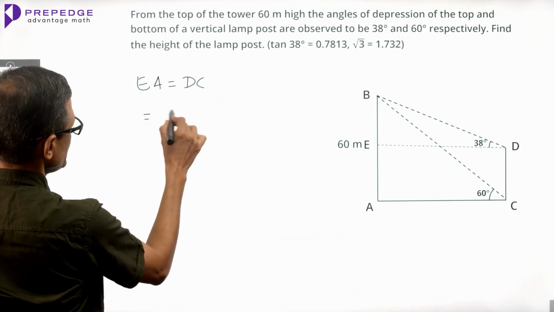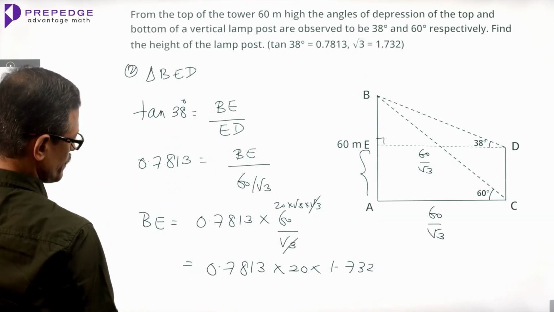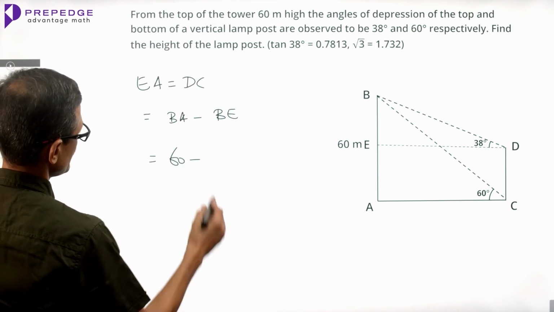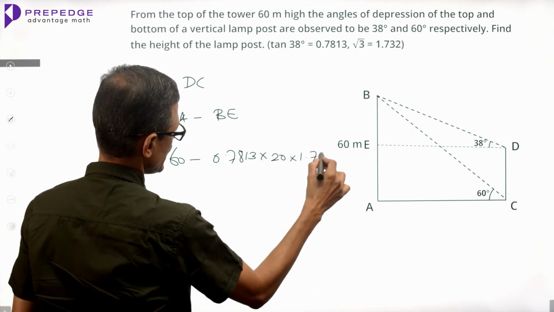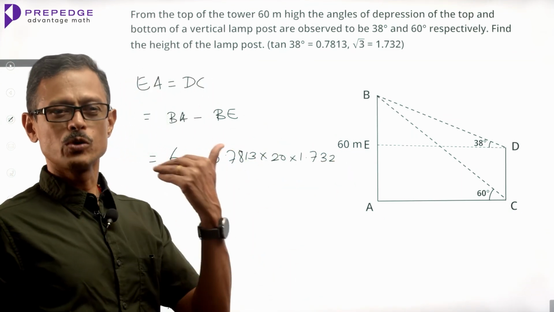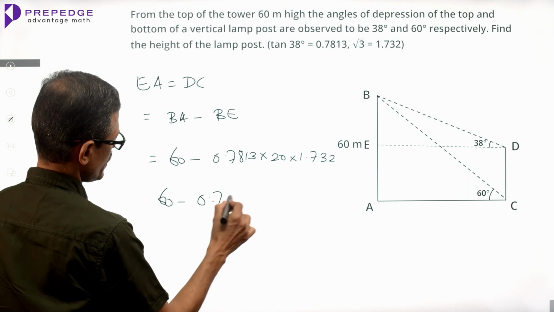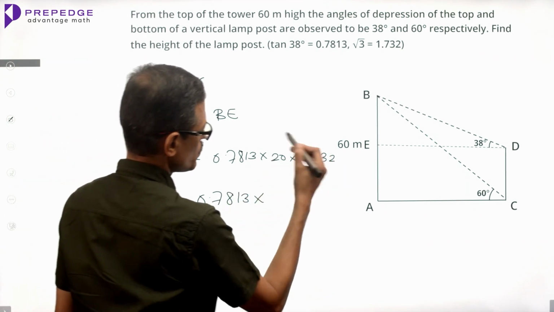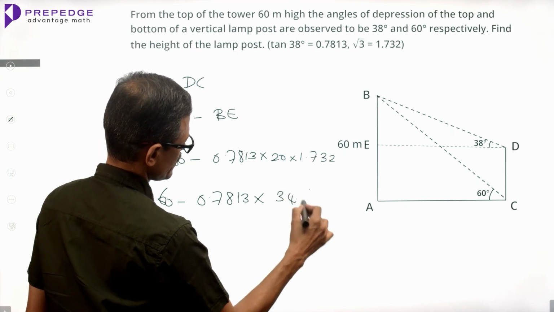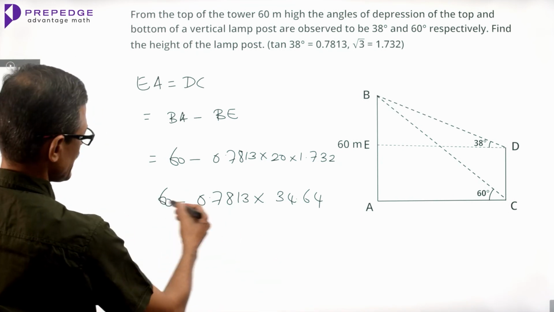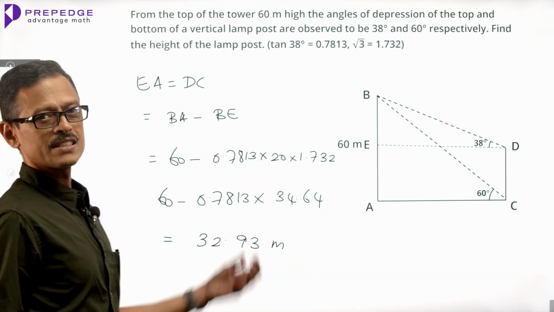EA is equal to BA minus BE, which is 60 minus 0.7813 into 20 into 1.732. இந்த கேல்குலேஷன் கொஞ்சம் டைம் எடுக்கும், பொறுமையாக பண்ணி முடிச்சிருங்க, வேறு வழியே இல்லை. ஸோ வில் மல்டிப்ளை திஸ். 60 minus 0.7813 into this is 3464 வரும், which is essentially going to be 34.64 வரும். So 60 minus this entire value will leave us with the final answer, which is equal to 32.93 meters, which is the height of this lamp post.